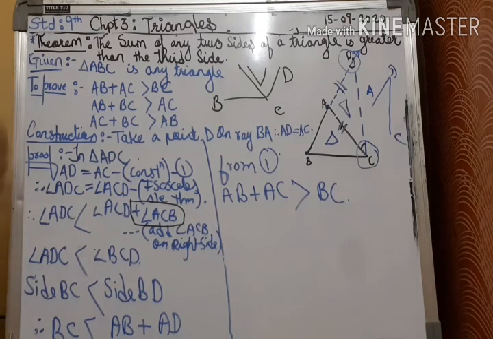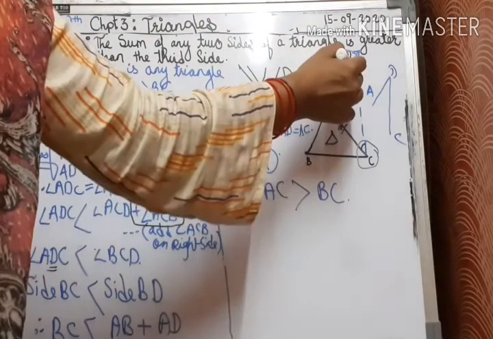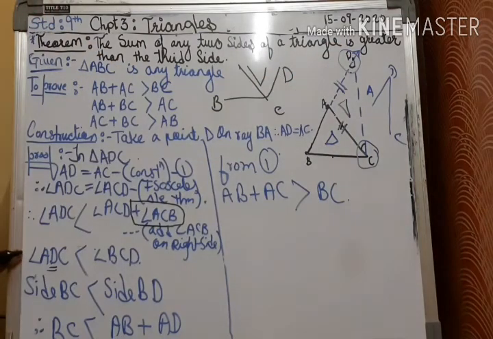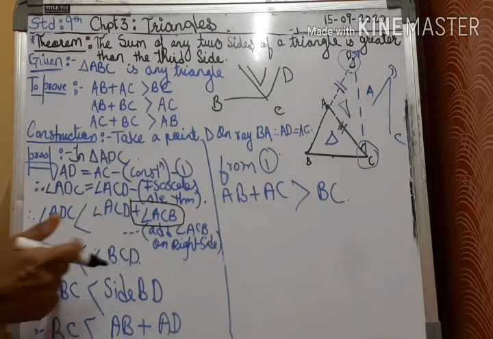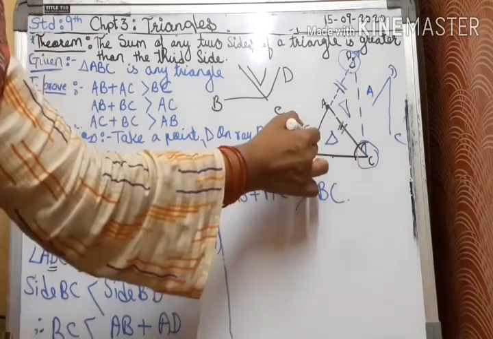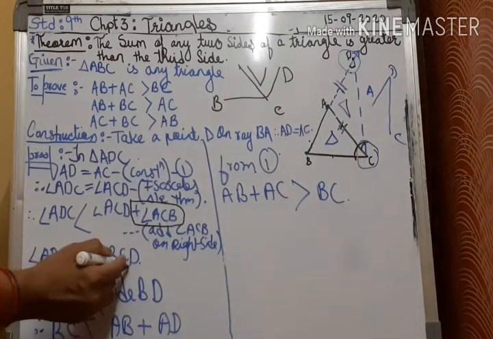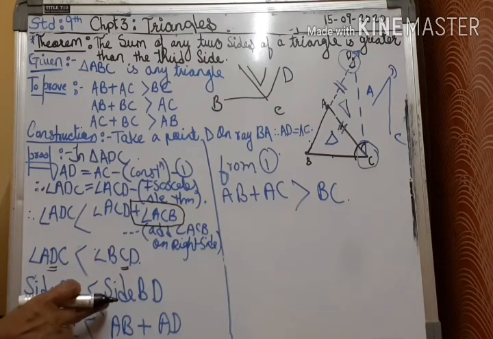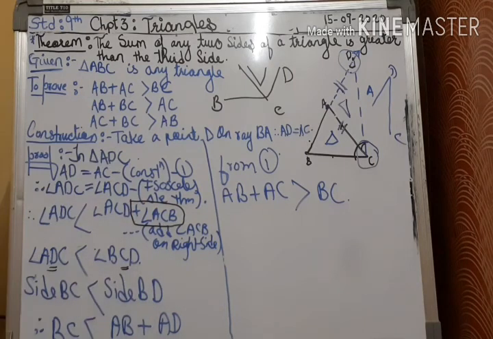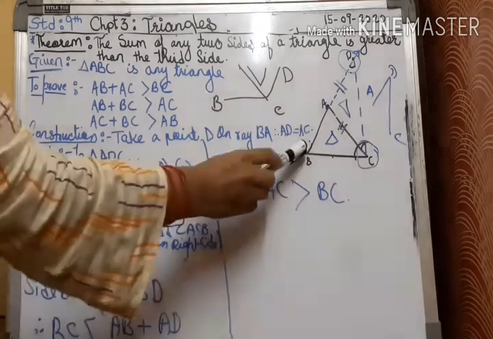Now side, angle D. The opposite side of angle D is BC. So in place of angle ADC we will write side BC. Angle C: the opposite side of C is BD. So in place of angle BCD we write the opposite side of angle C, which is BD. Now this side BC we write as it is, greater than sign as it is, BD.